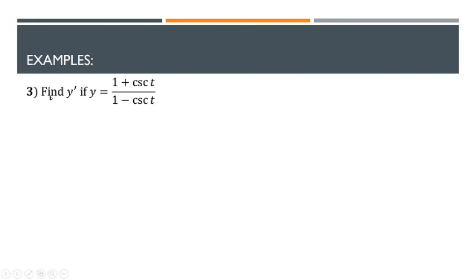Number 3, find y prime if y is equal to 1 plus cosecant t over 1 minus cosecant t. So the derivative is y prime. So from here, we can simplify this by changing the trigonometric function into sine and cosine only. So cosecant t is equal to 1 over sine t.